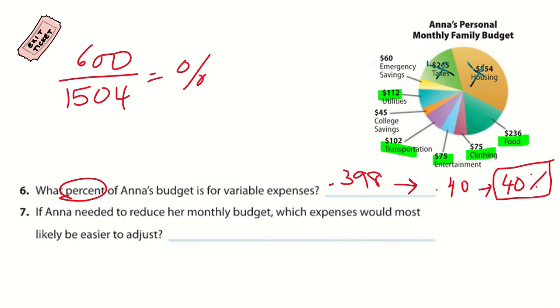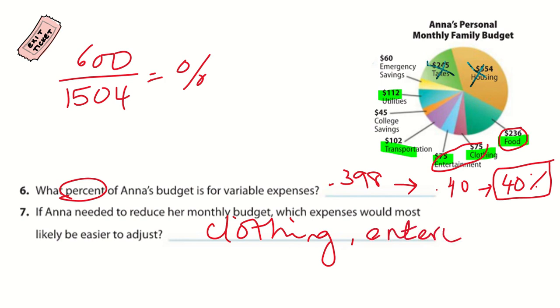You need food, and so we'll keep that. Maybe it's clothing and entertainment, right? They're not necessities. So I could say either clothing or entertainment. Clothing and entertainment would be tied as the easiest to reduce.